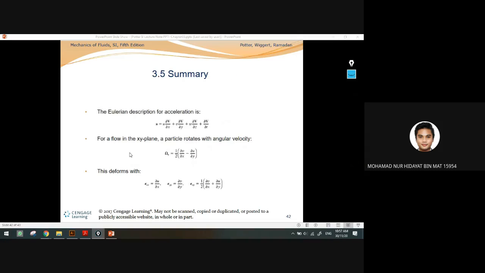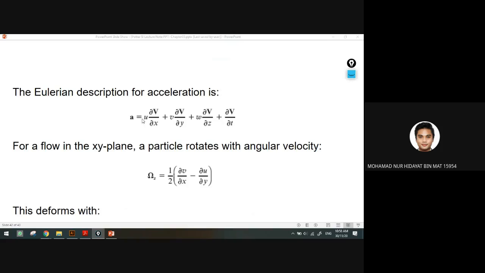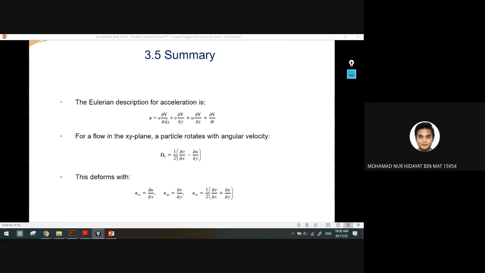So in summary, previously we learned about Eulerian. Remember that Eulerian involves space and time. You can see here, acceleration we derive from the derivative of velocity with respect to time. This is the Eulerian description, with space x, y, z, and time.